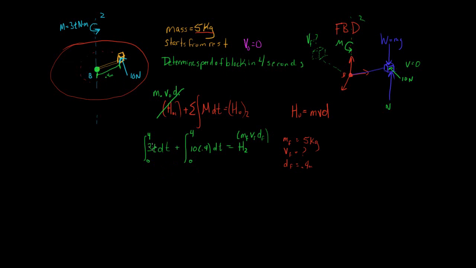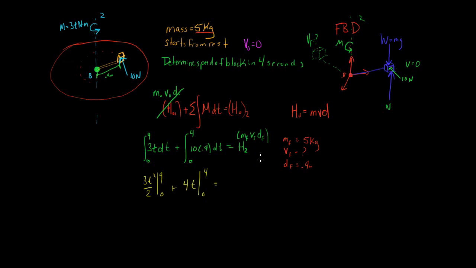Okay, so if we evaluate these integrals right here, this integral, we get 3t squared over 2, evaluated from 4 to 0, plus this integral right here is going to be 4t, which is evaluated from 4 to 0.